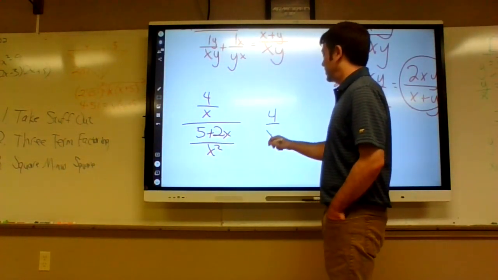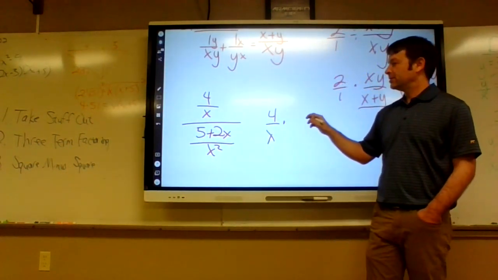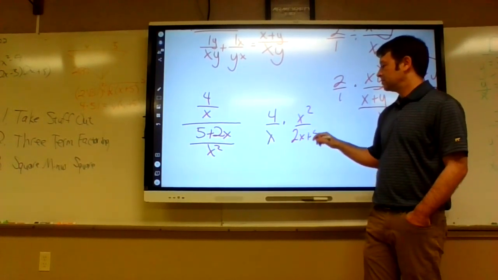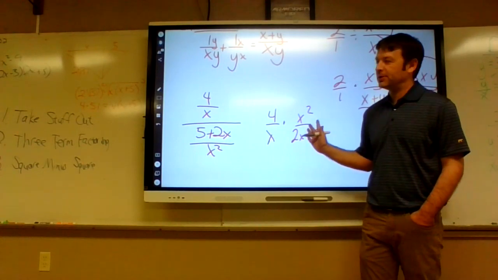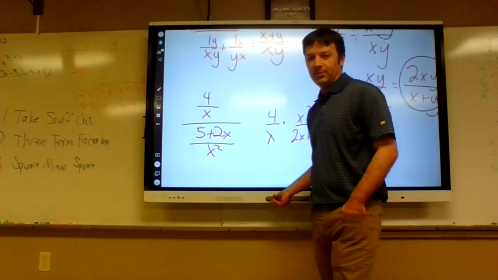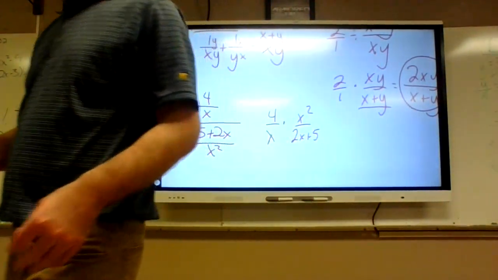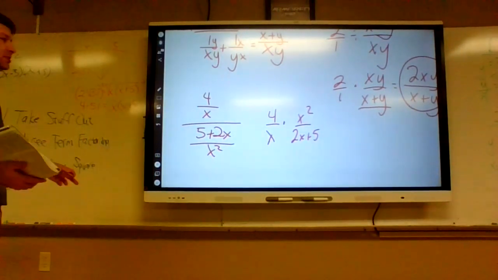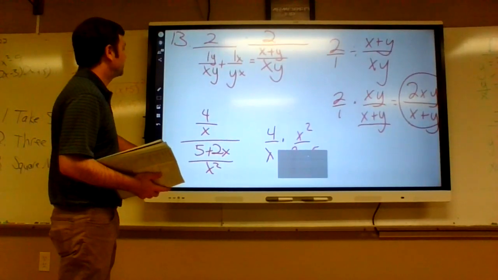I need to do 4 over x times what? x squared over 2x plus 1. Okay, and that's not the final answer, but it's pretty darn close. You're getting very close there. There's one step left.